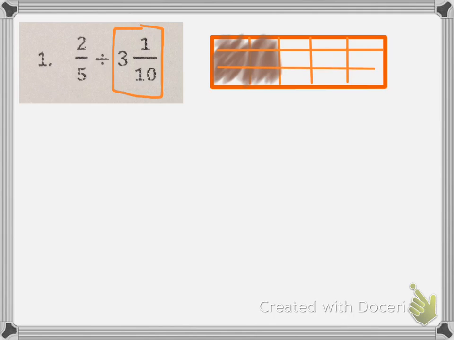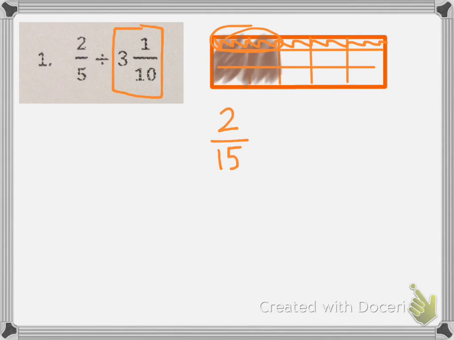Now that I've taken the fraction 2/5 and divided it into 3, I would shade this, and my answer would be the double shaded part, which is 2 out of all the boxes. Well, I've got 5 times 3, so it's 15. So 2/5 divided by 3 is 2/15.